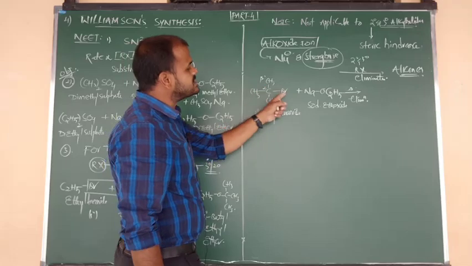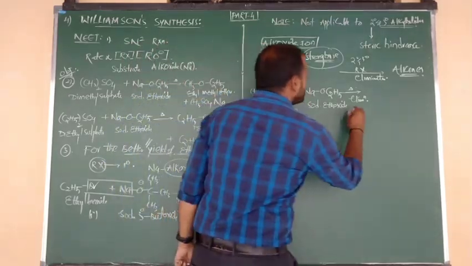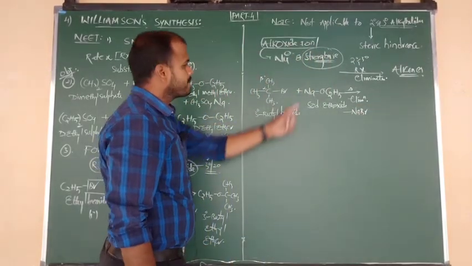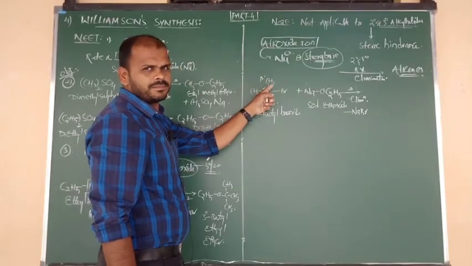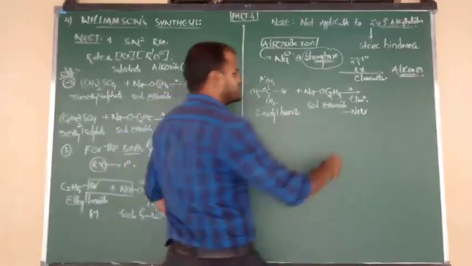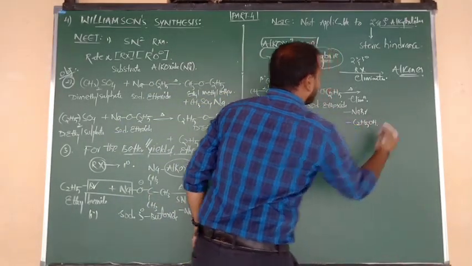From the alpha place we have to remove the halogen. That halogen combines with sodium and is removed in the form of NaBr. And from the beta place we have to remove the hydrogen. That hydrogen combines with C2H5O minus and is eliminated in the form of ethyl alcohol.